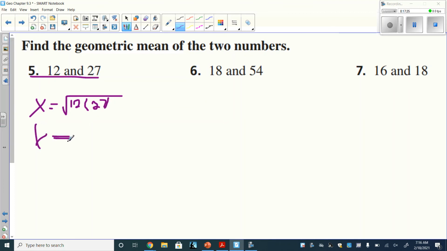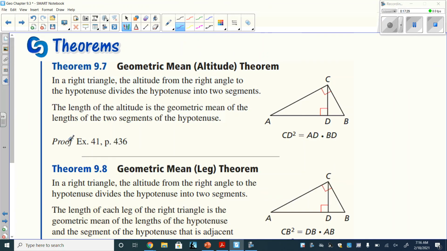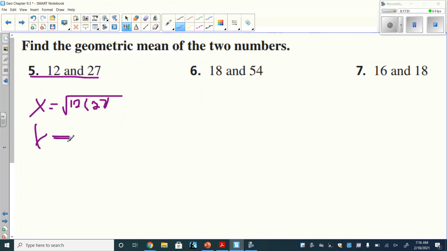And again, we can just type this into the calculator. So if we type it into the calculator, 12 times 27 to the 0.5, because if we do this in Wolfram Alpha, we can do it to the 0.5.